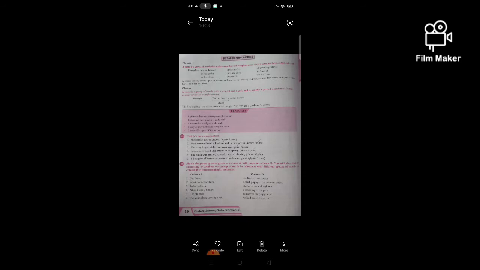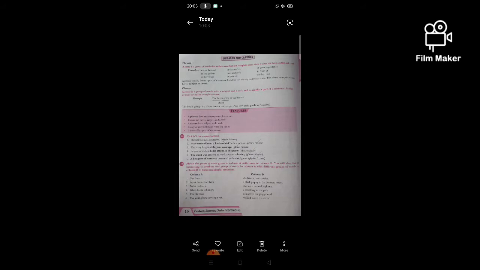Now, clauses. A clause is a group of words with a subject and a verb and is usually part of a sentence. It may or may not make complete sense. So a clause is also a group of words, but it contains a subject and also a verb.